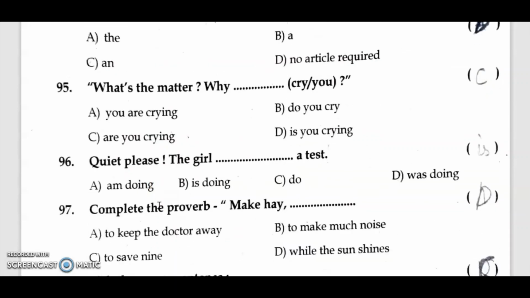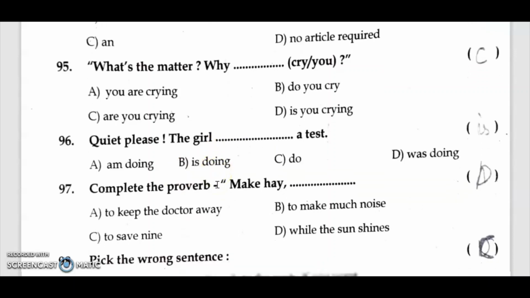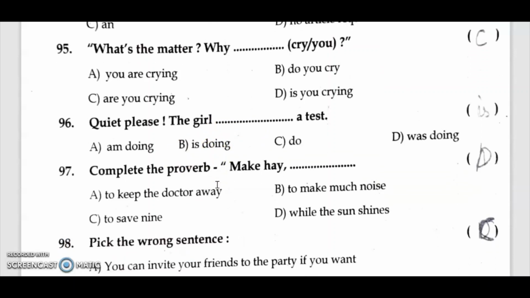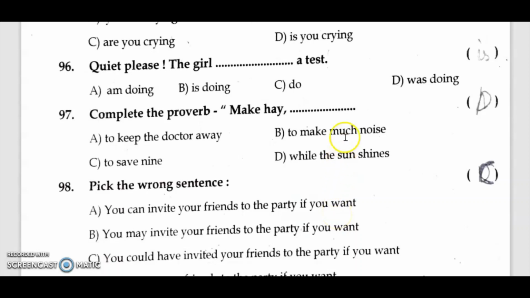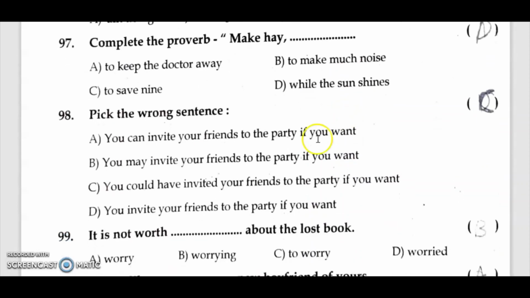C. Quite please. The girl dash a test. It is doing. Make the proverb. Make hay dash. It is D. While the sun shines. Pick the wrong sentence. You could have invited your friends to the party if you want.